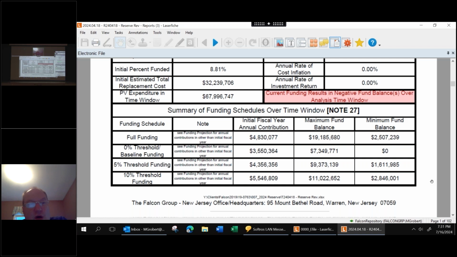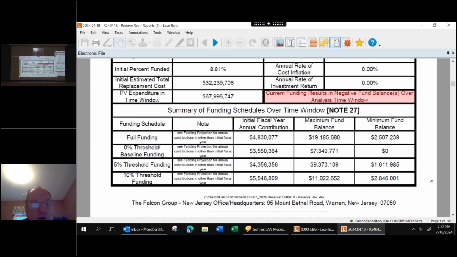So it's almost as though you have a separate account for each one of the items, and you're fully funding it each year at whatever that rate is. If it was $20,000 over 10 years, it'd be $2,000 a year for 10 years, and so forth. So it's very conservative, and that's why that number is so high.